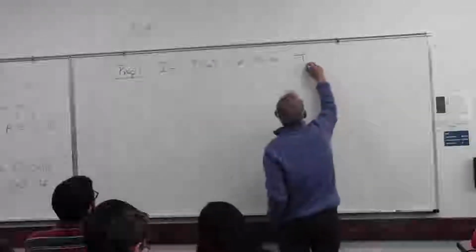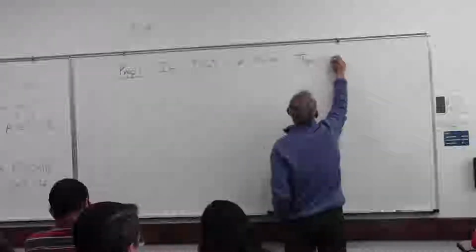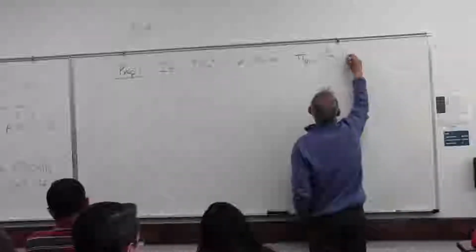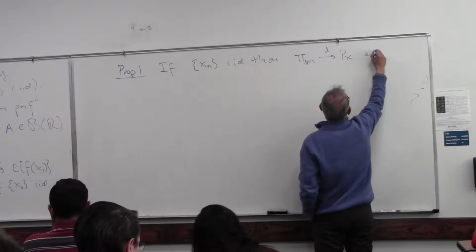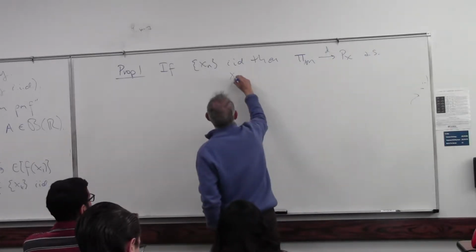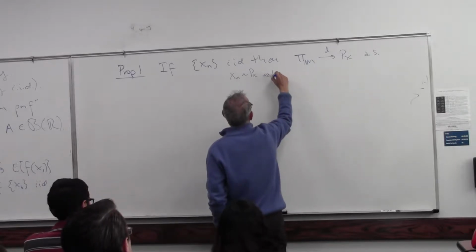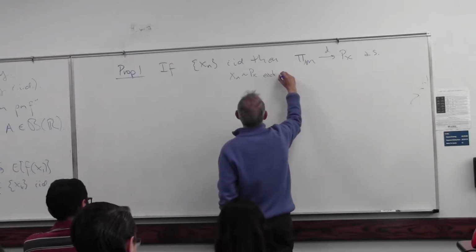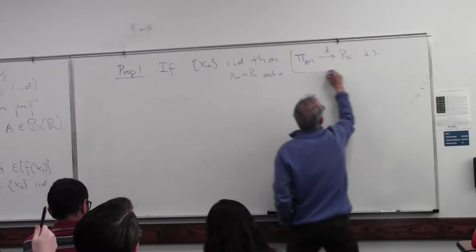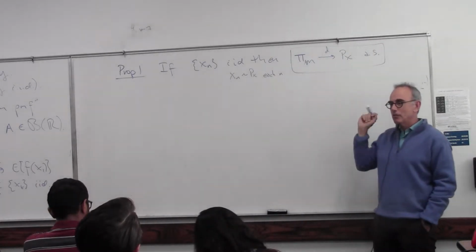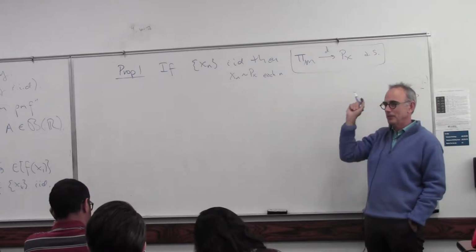I did. Hold on a second, just let me finish writing this down and then I'll answer a question. Yes, I said there's a mistake in the notation here, which I'll get to. Yes, what's your question?